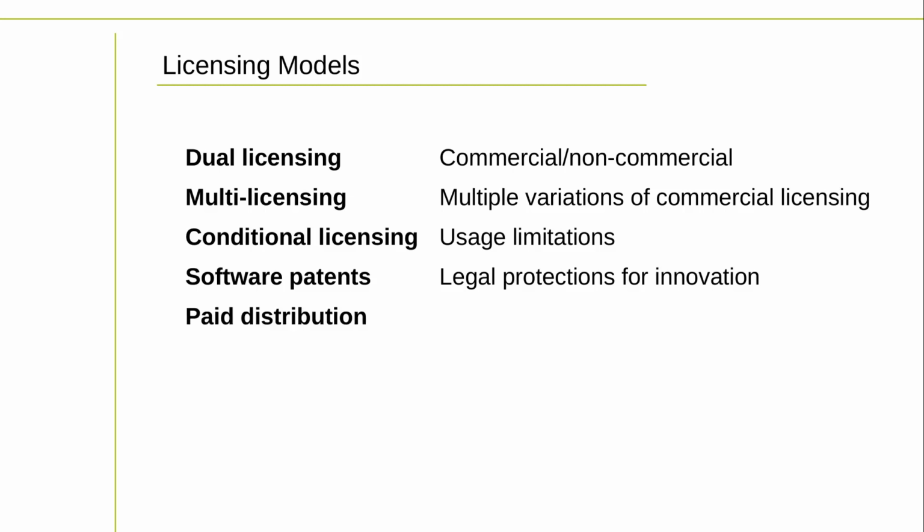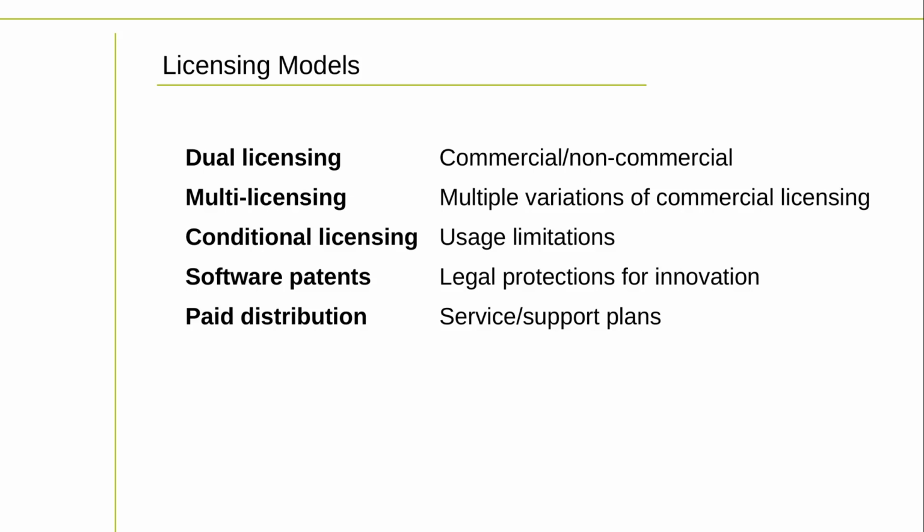Paid distribution refers to the practice of selling or charging for access to open source software. This is often done by companies that provide additional services or support for the open source software, such as consulting, customization, training, or maintenance. While open source software is typically available for free, companies are allowed to generate revenue by selling services or support related to the software.